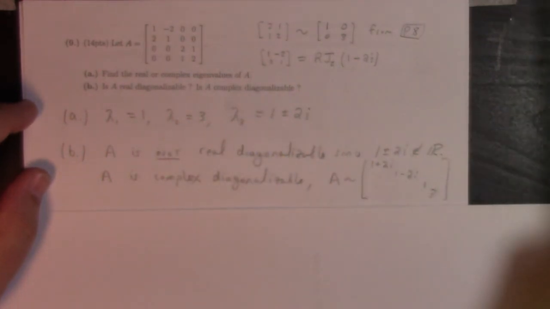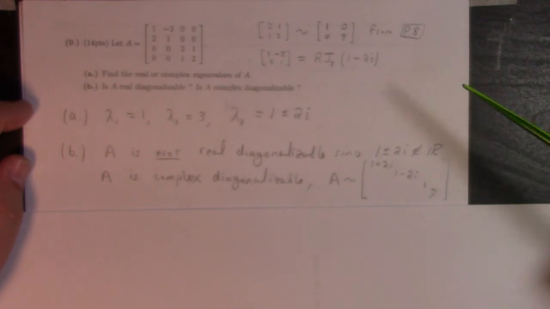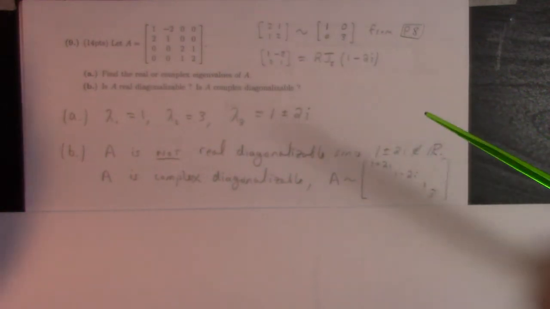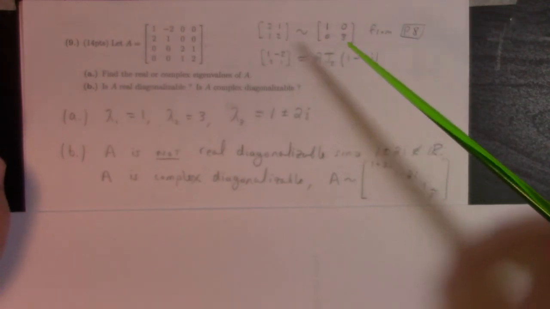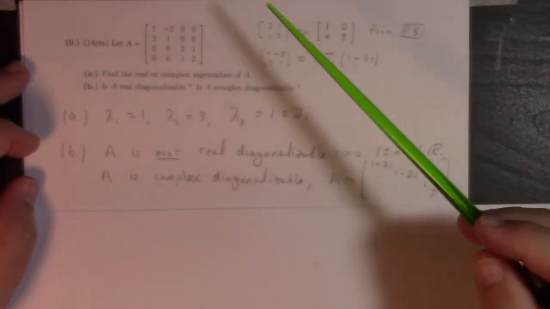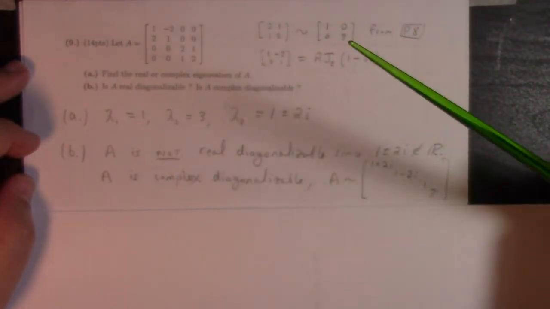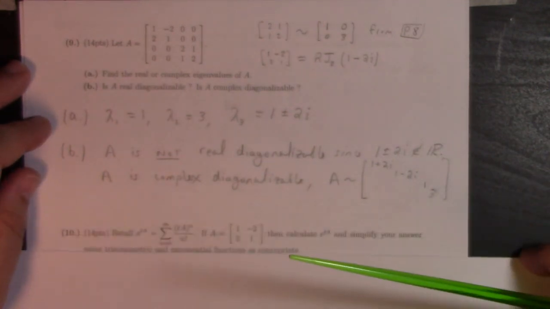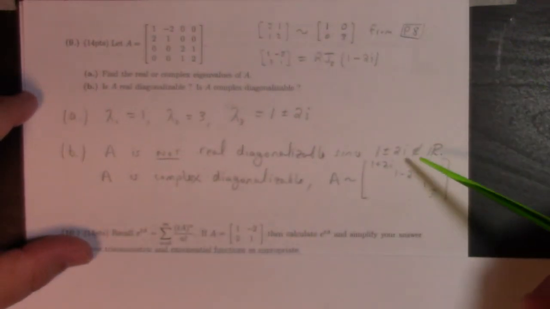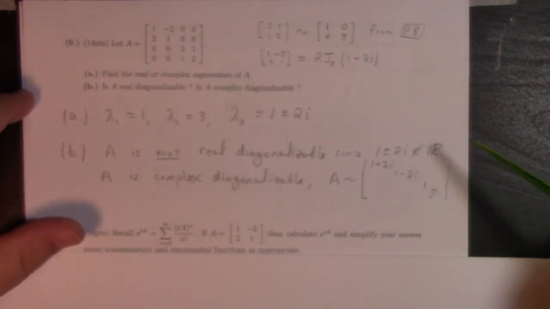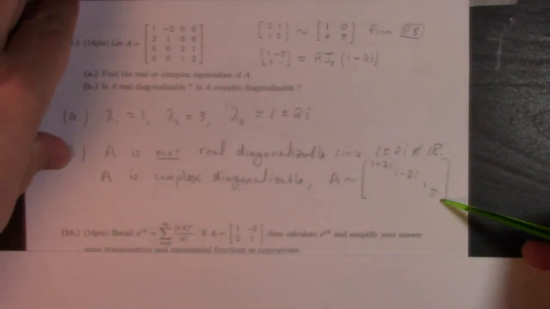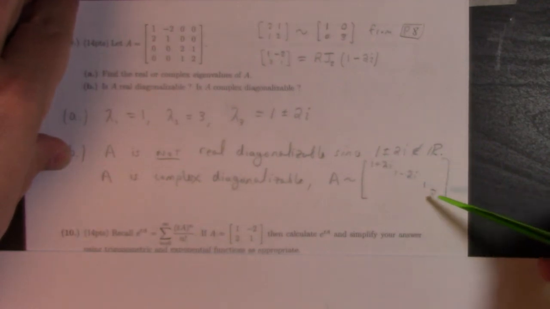And we know distinct eigenvalues get linearly independent eigenvectors, which means we have an eigenbasis for A as a complex 4 by 4 matrix, or equivalently, the complexification of A has a complex eigenbasis. Anyway, it is complex diagonalizable, and it would be similar to the diagonal matrix with 1 plus 2i, 1 minus 2i, 1 and 3. And you could shuffle these around.